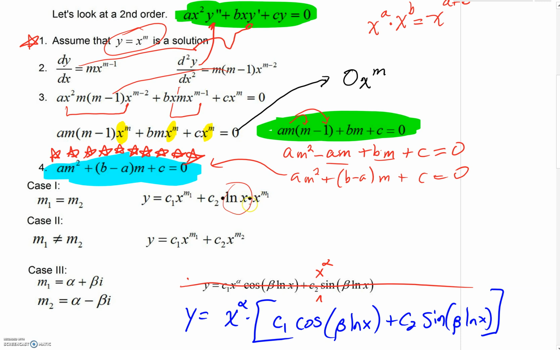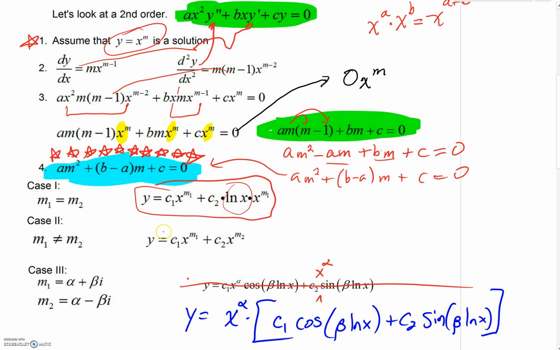Whenever we get a duplicate, whenever we've been putting x in the past, we're now going to replace it with ln of x. So that's very, very important. When we get the duplicate solutions, that x to the m sub 1 is going to have an ln of x multiplied in front of it for that second constant.